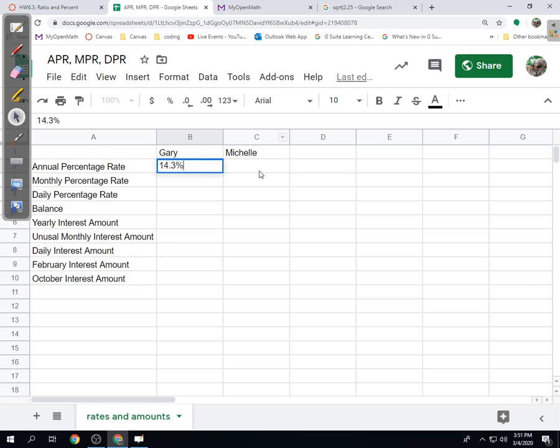This already does percent. And balance is 4,000. So there's different ways to make these calculations. Before I do it on the spreadsheet, we'll just do a little bit on paper.